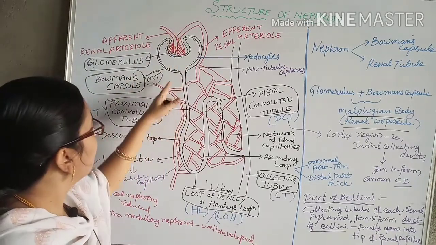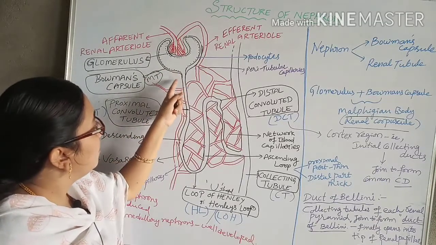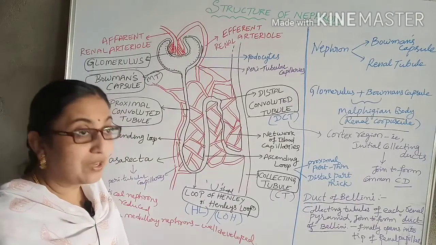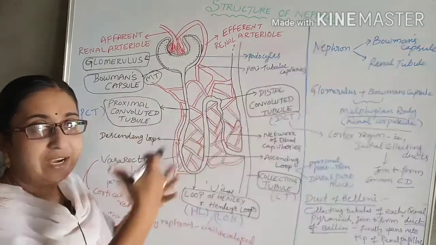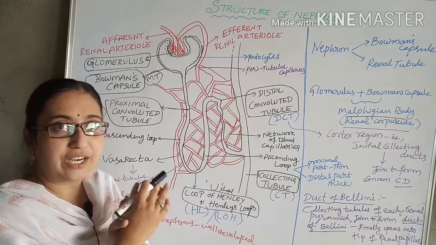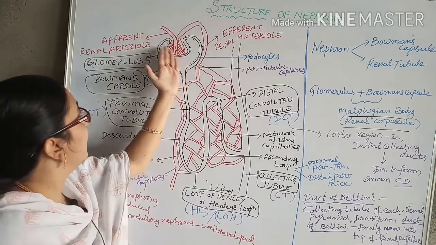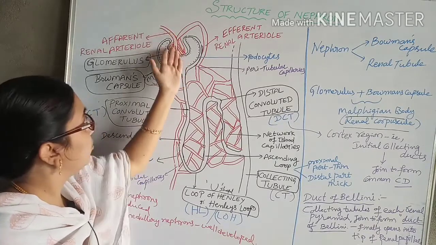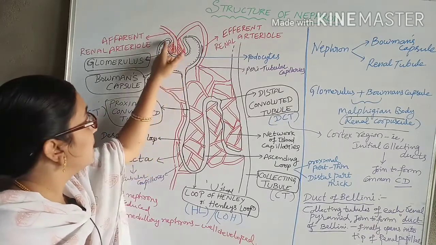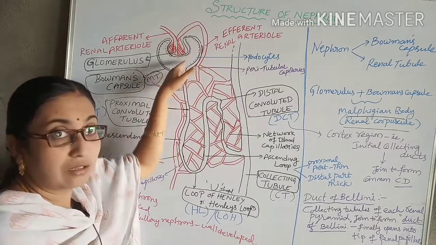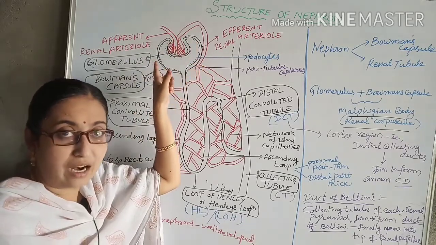Okay. So this is the first part, that is the Bowman's capsule. So the next part from the Bowman's capsule is the proximal convoluted tubule. When the impure blood, which consists of the excretory products, enters the Bowman's capsule through the afferent arterioles, this Bowman's capsule is lined by the podocyte cells on the inner side.